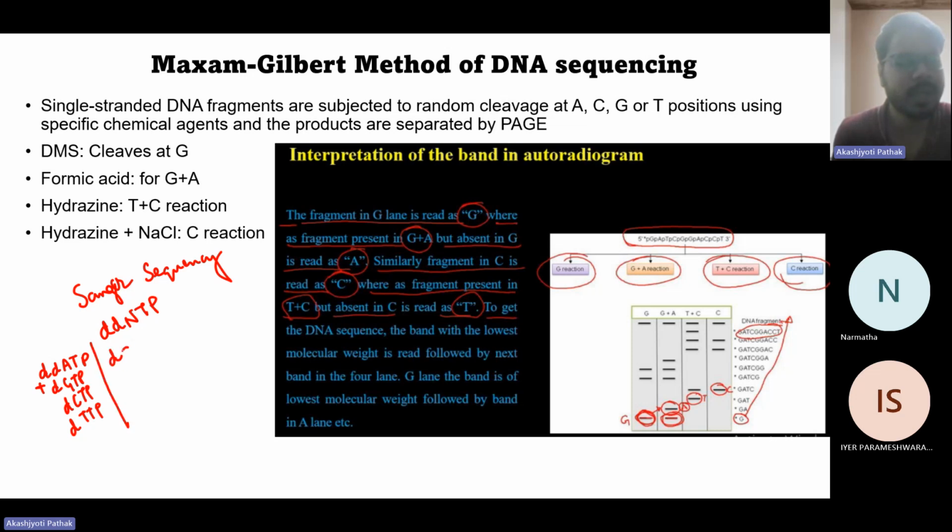In another reaction, you will add ddGTP plus the other nucleotides, which will be the same.